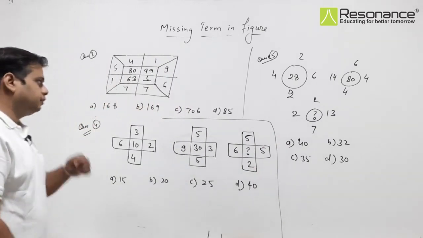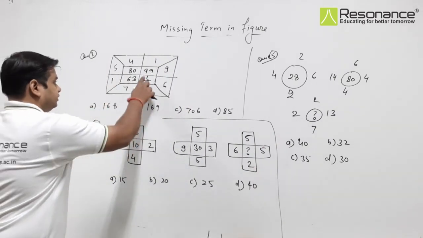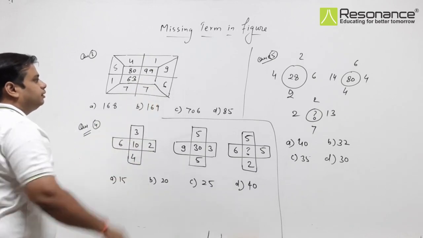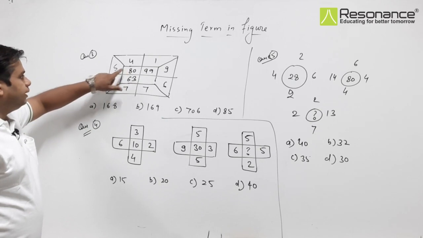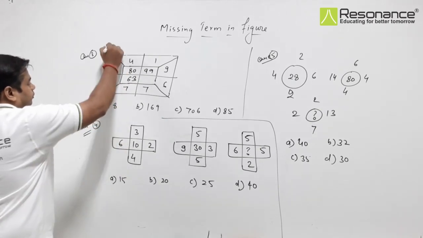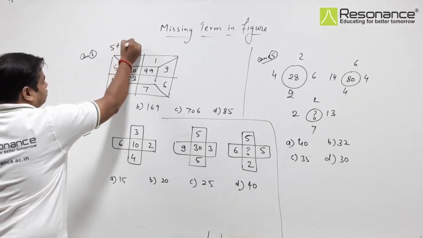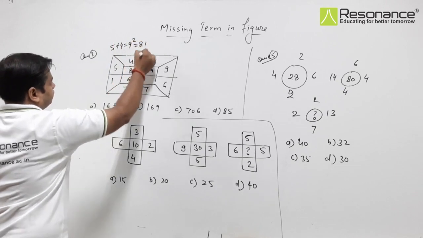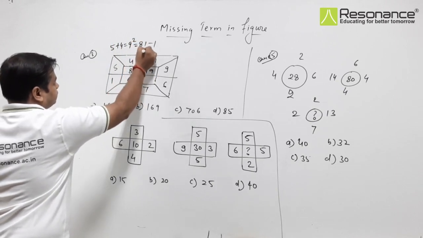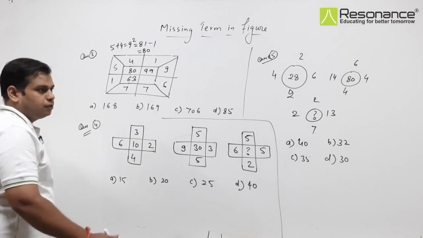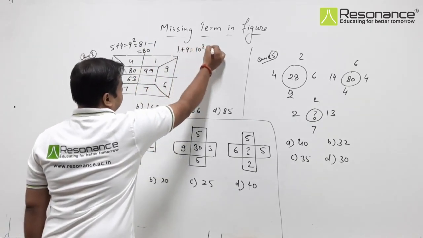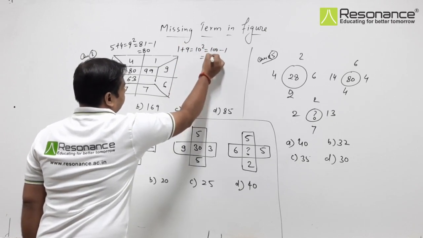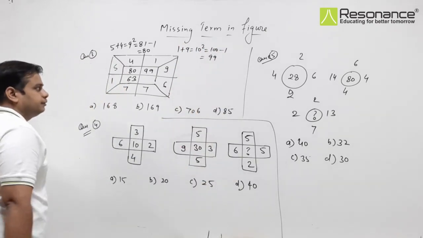Now let's see. Obviously the larger numbers are the resultant numbers, so the inside numbers are resultant. 80 we have to make from 5 and 4. We can say 5 plus 4 is 9 and 9 square is 81. 81 minus 1 is 80. Similarly, 1 plus 9 is 10, 10 square is 100, 100 minus 1 is 99.